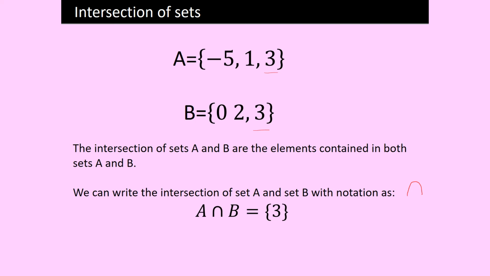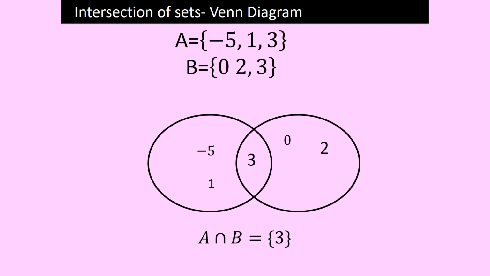Let's have a look at this in terms of Venn diagrams. So here we've represented our sets A and B in a Venn diagram. The elements of set A, we've got -5, 1, and 3. The elements of set B are contained within the other circle, and they are 0, 2, and 3.